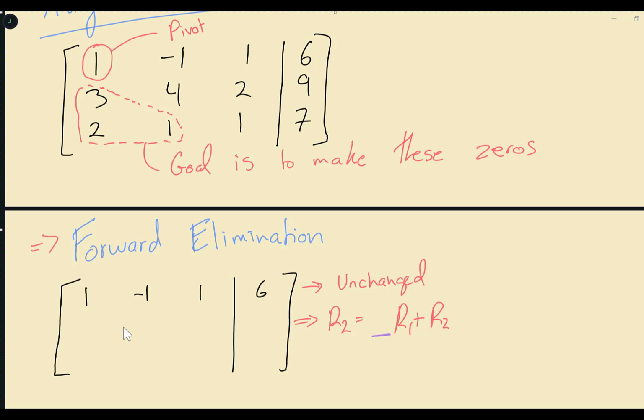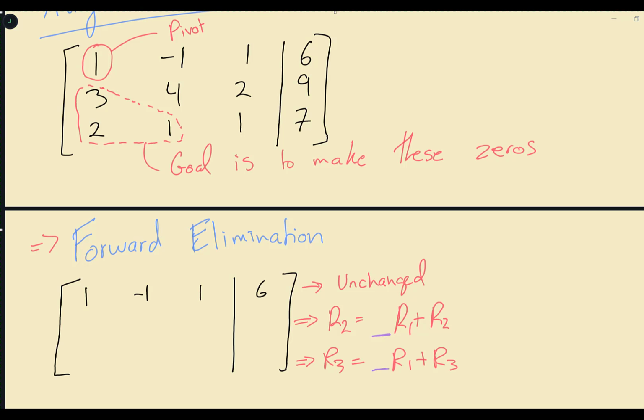That's the only thing that will change whenever you have a different matrix. But R2 will always equal something multiplied by R1 plus R2. The same thing applies for row 3: row 3 will always be something multiplied by row 1 plus row 3.